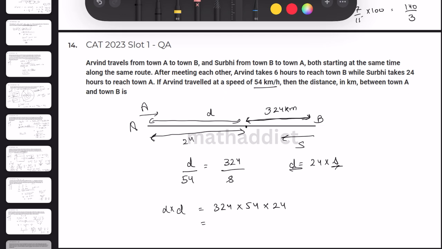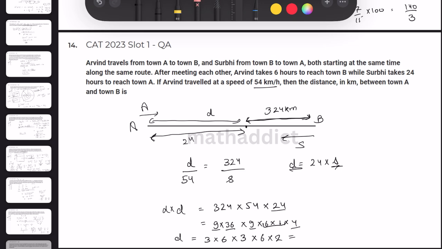So this is 9 times 36 into 54, which is 9 times 6, 24 is 6 times 4. So D is under root of 9 into under root of 36 into under root of 9 into under root of 36 into under root of 4.